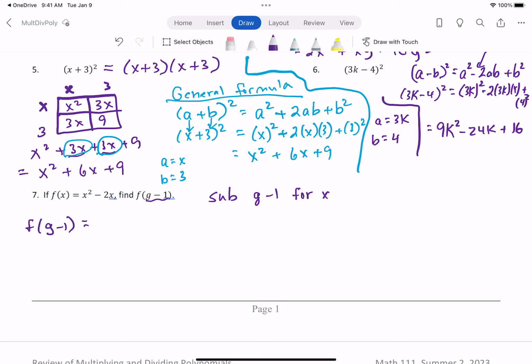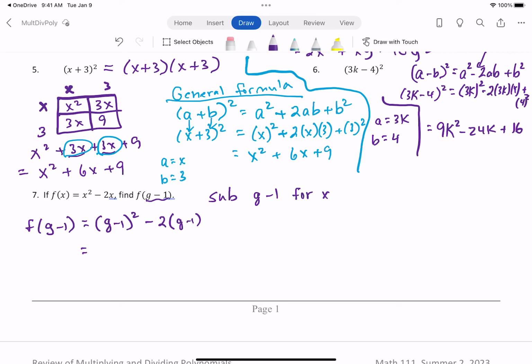So where I have x squared, I'm going to replace that x with g minus 1, and then I have minus 2 times x, so we'll replace the x with g minus 1. So you see what we ended up with here. That first term is a binomial squared, so you can use the shortcut that we just learned.